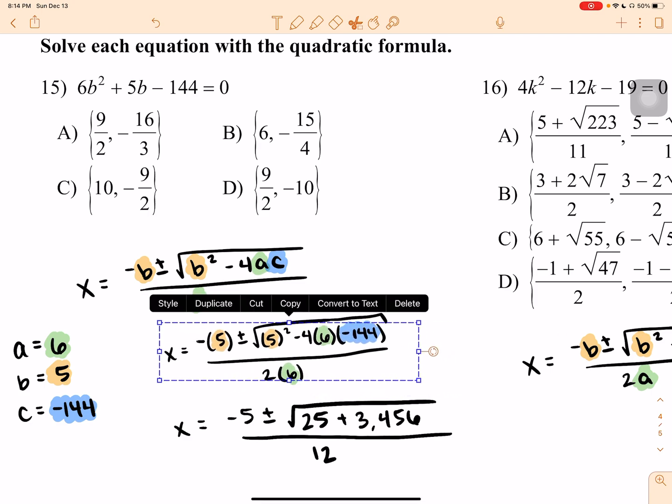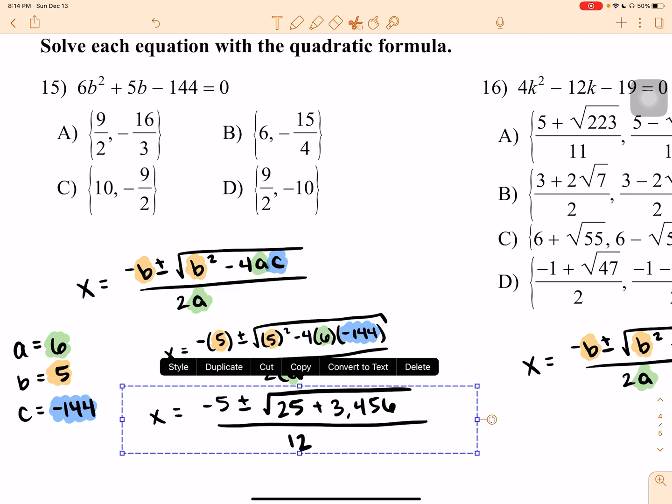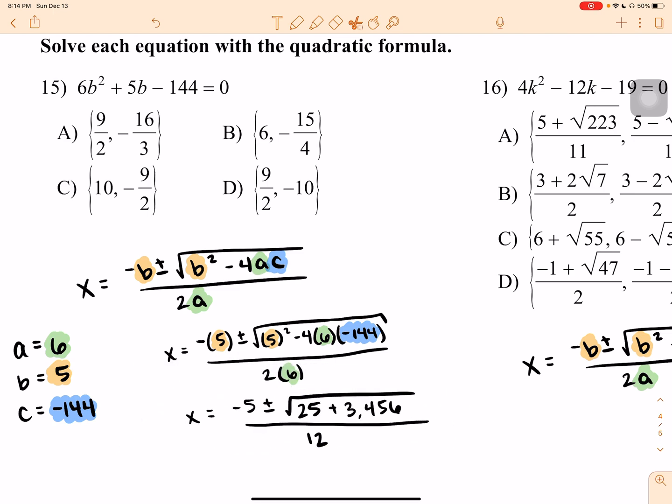Okay. I'm just going to make these just a little bit smaller. There we go. All right, so now I have to do 3,456 plus 25.